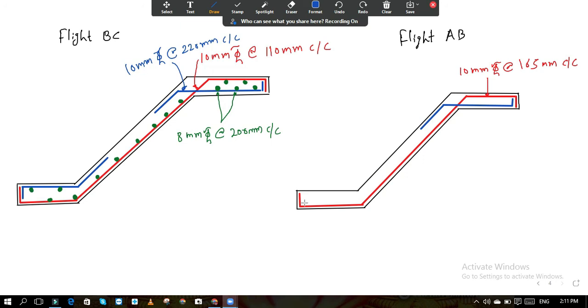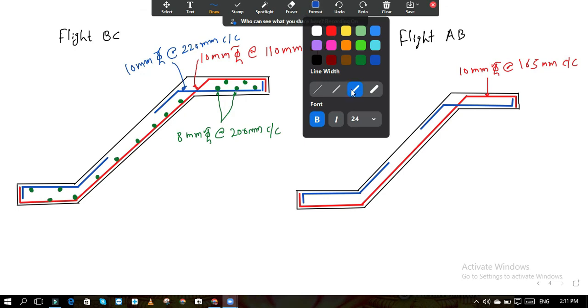Then again, okay, so these two are the top extra bars.